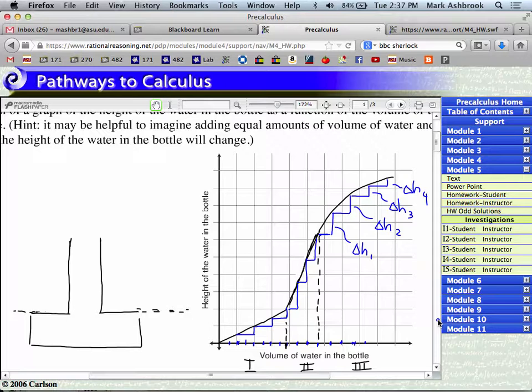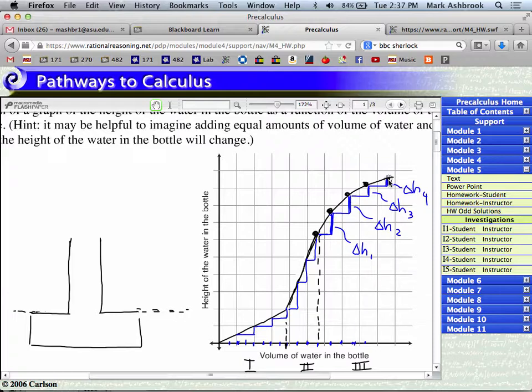Okay, so now what about those changes? The change in height is represented by this vertical line. So what do you think? Let's actually show these points.